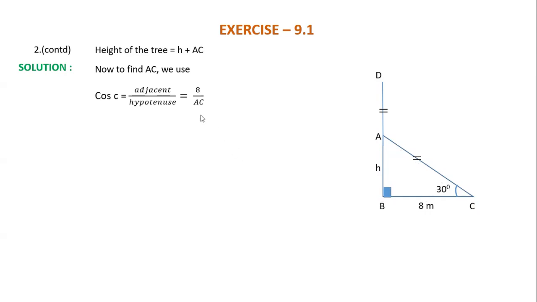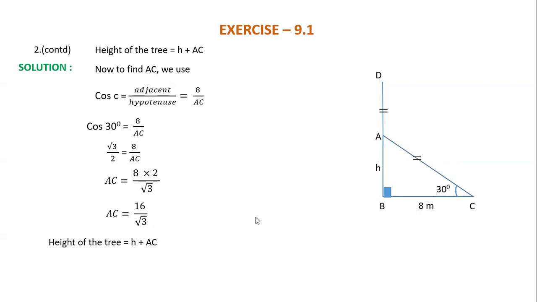That is 8 upon AC. Cos of 30 degrees is 8 upon AC. Cos 30 is root 3 upon 2. So this will be 8 into 2 upon root 3. That is AC is 16 upon root 3.